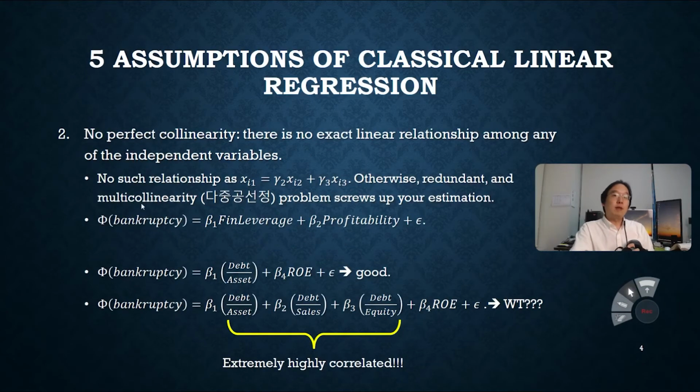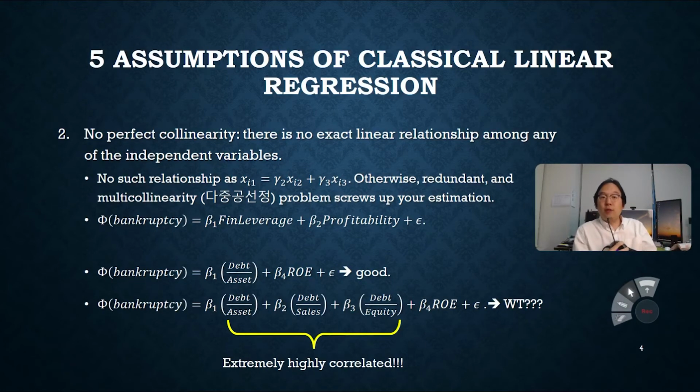Well, we want our variables, the column vectors, to be linearly independent, right? Linearly independent, that means one variable or pairs or a group of variables should never be a linear combination of the other variables, any other combination of variables, right? They have to be independent of each other, okay?